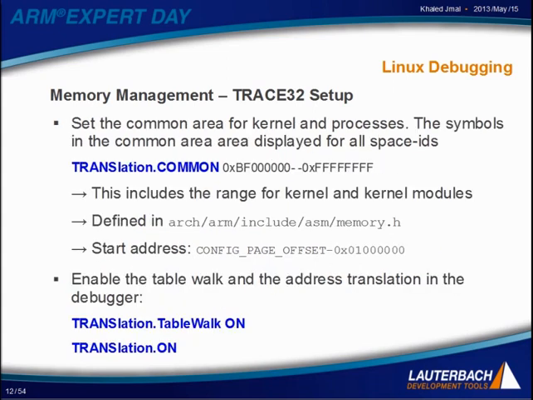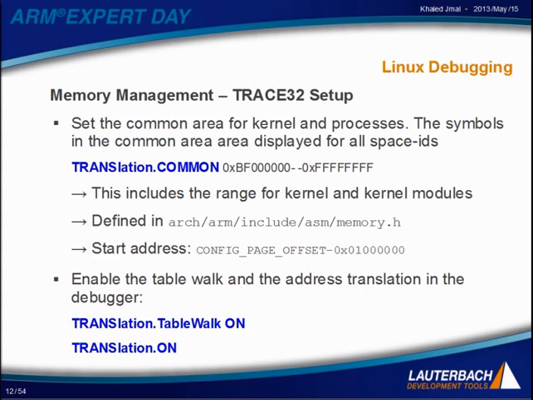Then you need to do 3 more settings for memory management. As already said, the symbols are always bound to a specific space ID, but there are some symbols which are used by all space IDs. This is the kernel range and kernel modules. If you have, for example, a system call you are executing in the kernel on behalf of a specific process, so you have the space ID of the process.